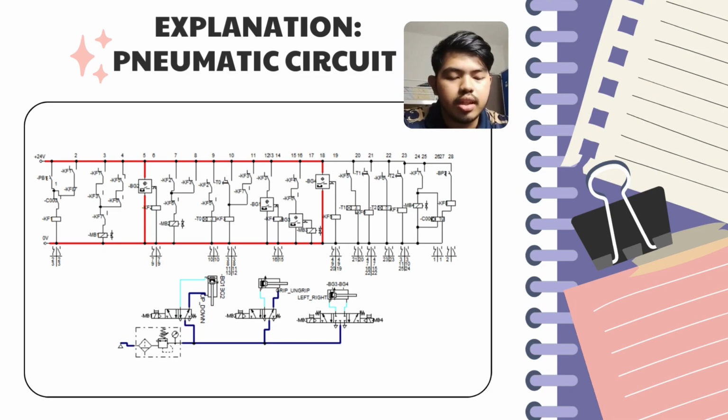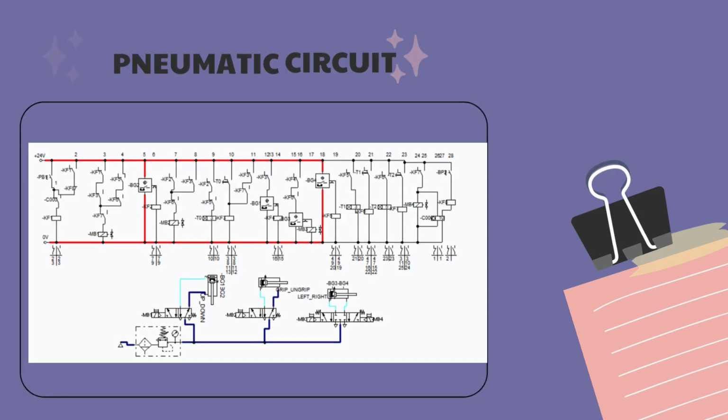And after 3 seconds, the ungrip and up down cylinder will retract at the same time. After it retracts, negative timer 2 will also energize. And after it energizes for 5 seconds, it will trigger the counter for 10 cycles.